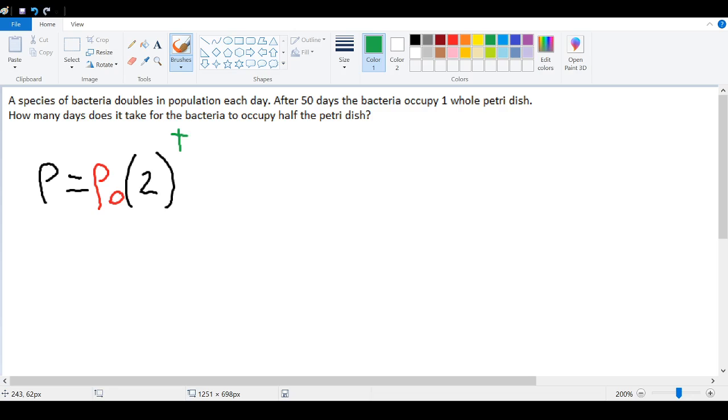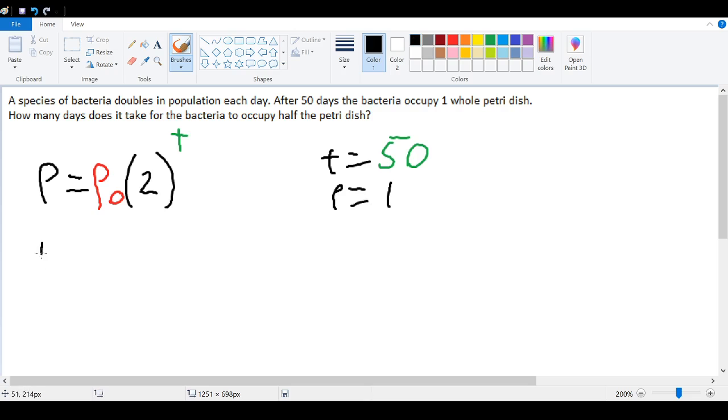All right? And so we're actually given a point here. We know that when t equals 50, our p is equal to 1 whole petri dish. All right, so we can put that in.